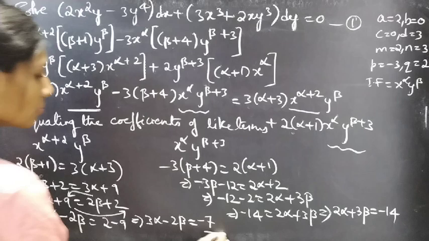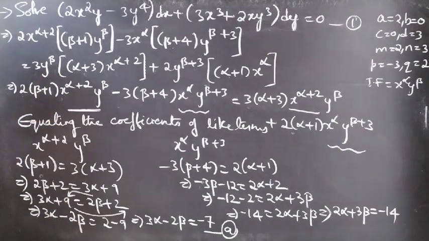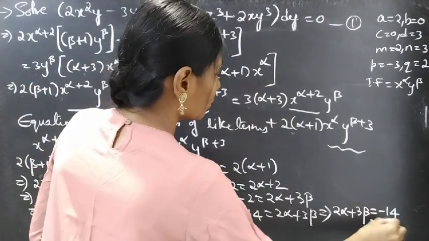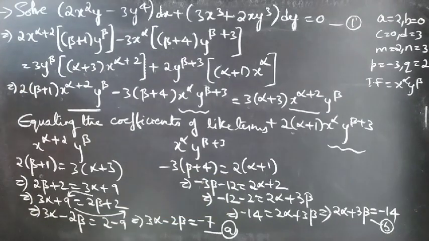Now consider the first equation as equation A and this as equation B. Now solve A and B to find alpha and beta.